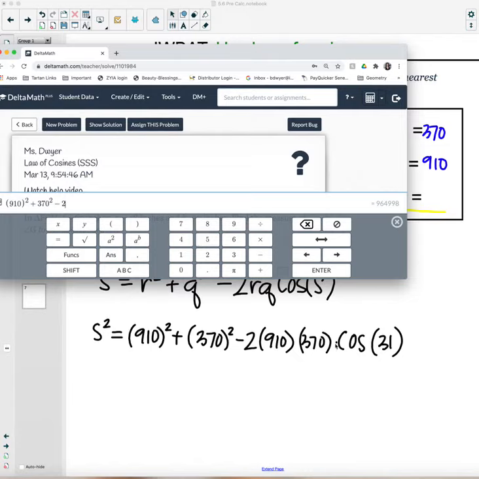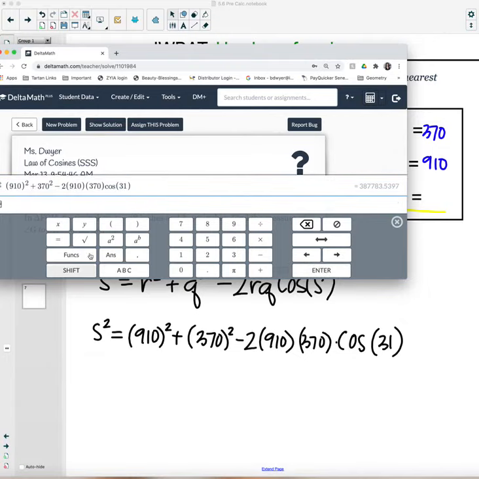You could just put multiplications because there's nothing within the parentheses to simplify, but if you like to have it look just like it looks written, it's kind of nice to put the parentheses in. And then functions to get your cosine. Again, make sure you're in degree mode. Then we're going to want cosine of 31.